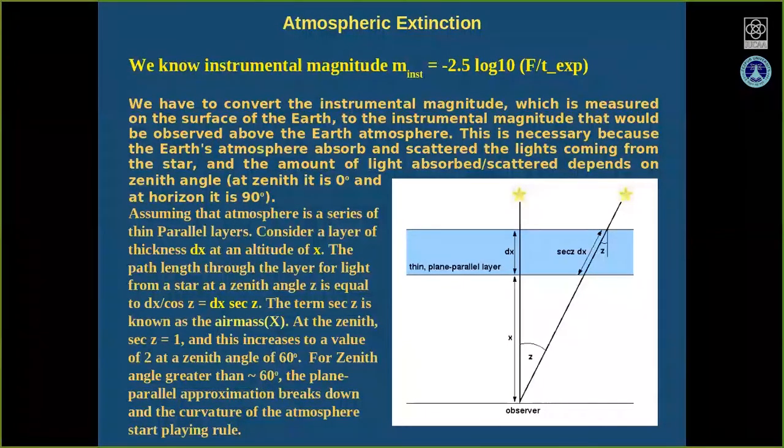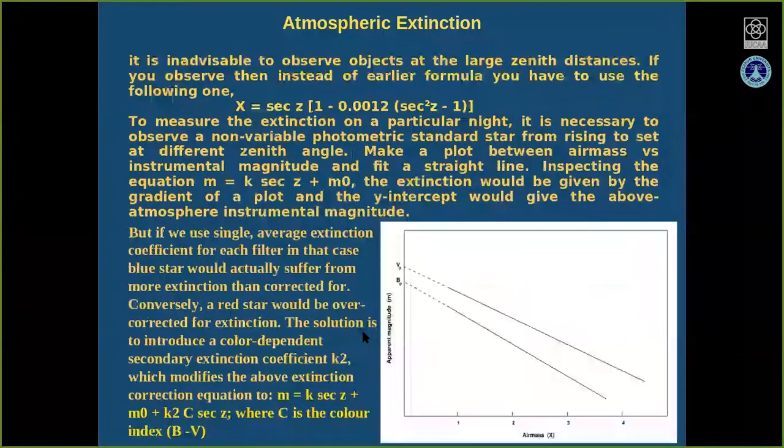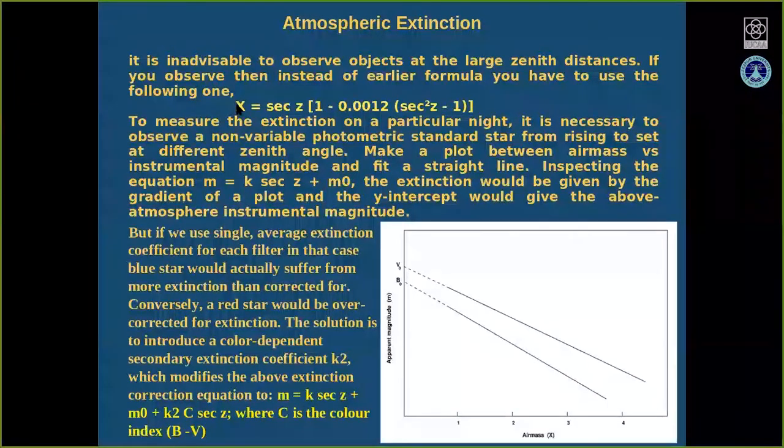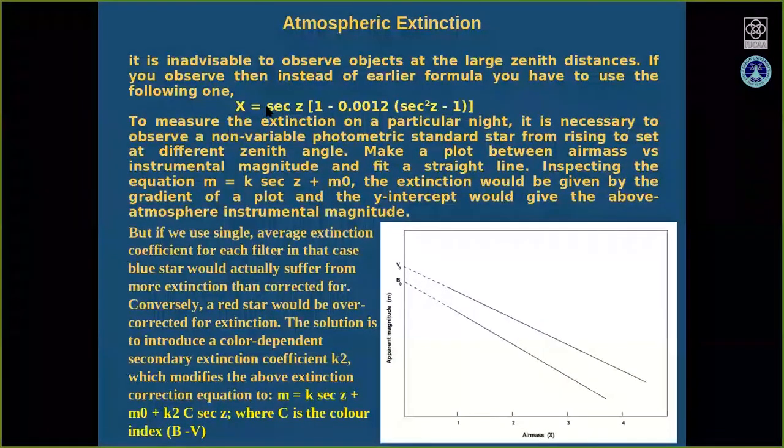If you do, extinction will be very high. In that case, you cannot use this simple sec z. Initially your air mass was simple sec z, but now you have to use some other correction factor.